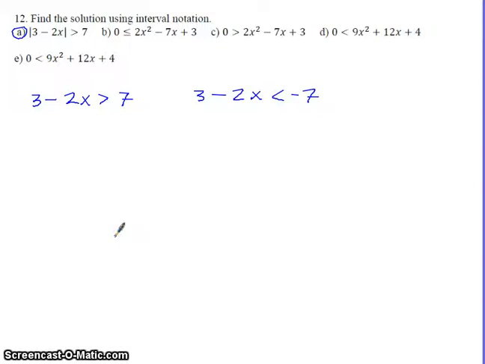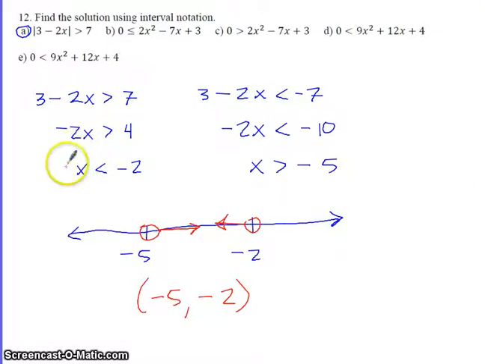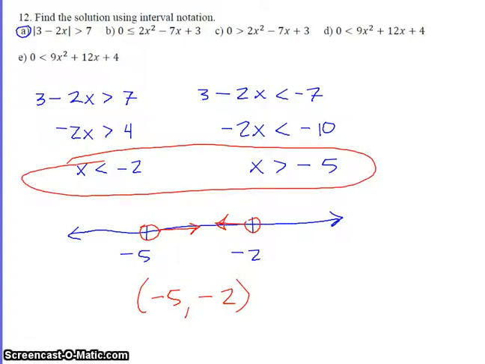Remember that whenever you divide by a negative, you got to flip the sign. All right, so I found the solution with the inequality, but also I placed what that means on the number line, and I wrote the solution in interval notation. Remember, we go from left to right, smallest to largest, and the open circle means not including, which is the parenthesis.